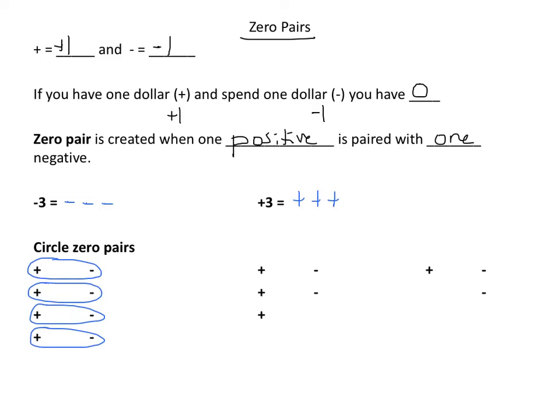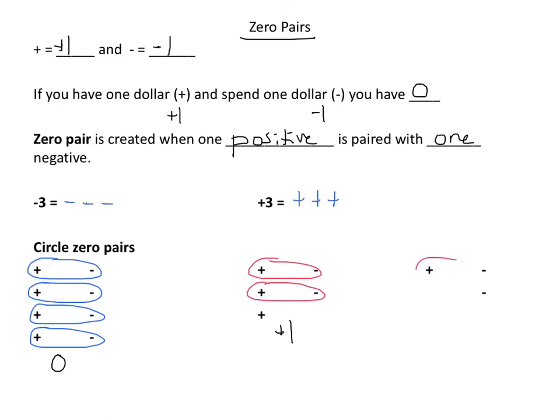In this first example, we circled everything that was there, so our final value would be 0 because there's nothing left. In our next one, we'd circle our zero pairs.